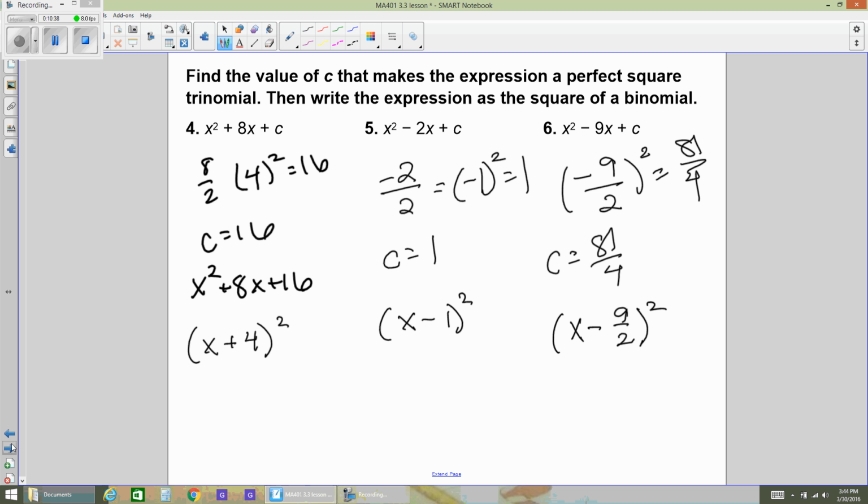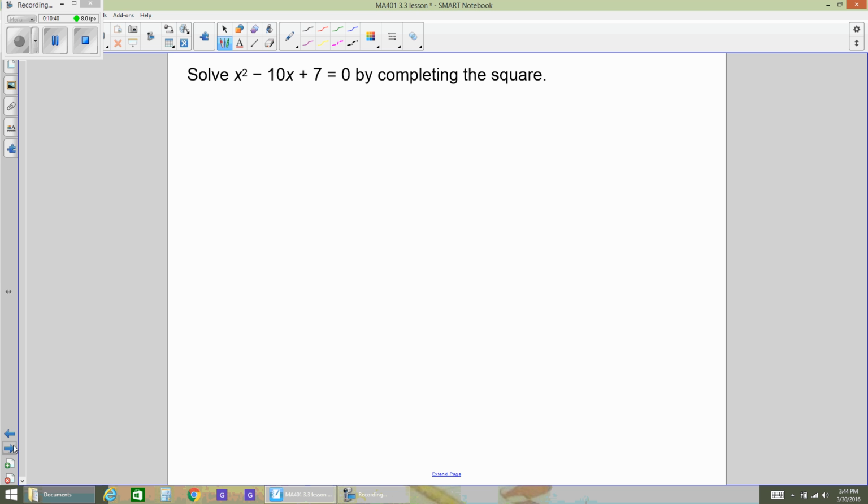All right. It says solve by completing the square. So x squared minus 10x plus 7 equals 0. Step 1 is move the constant.